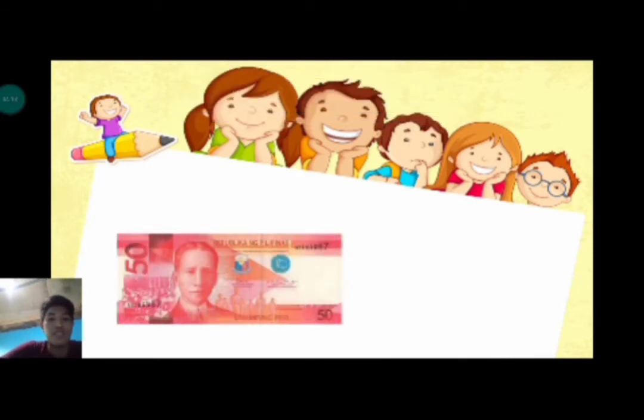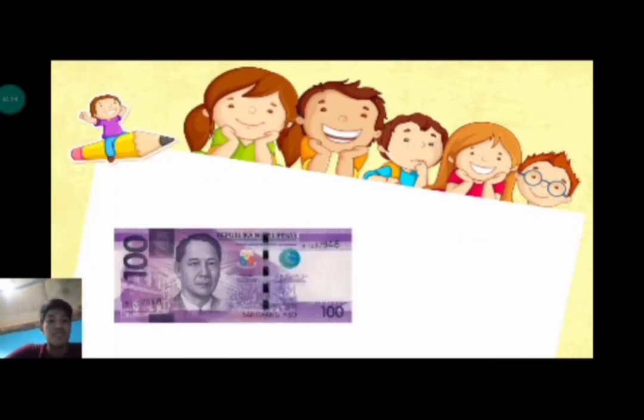How do we write it in symbol? Like this. And in words? 50 pesos. Next is 100 pesos. We write it in symbol like this, and in words like this. 100 pesos.